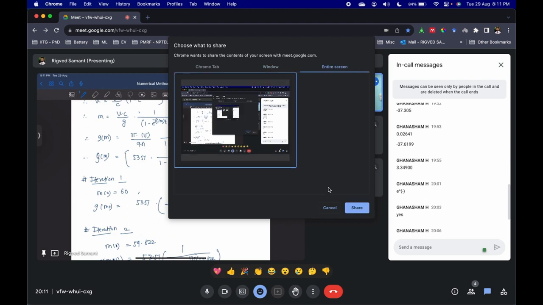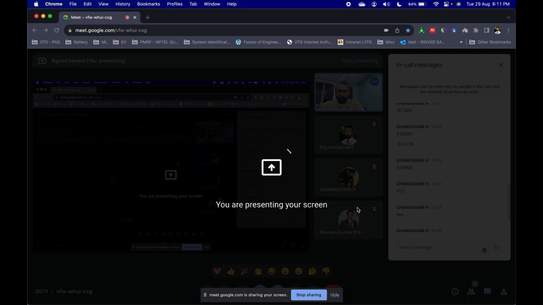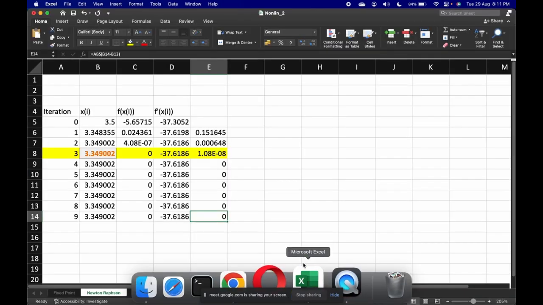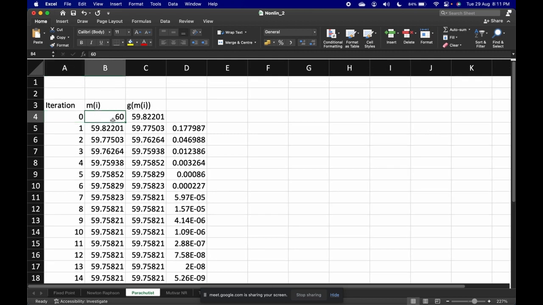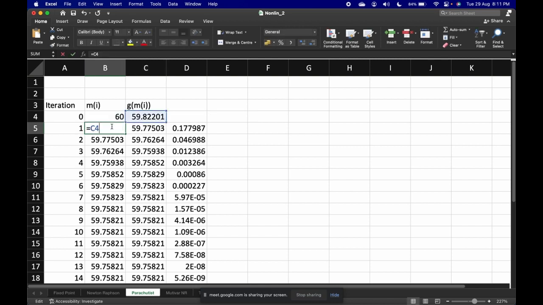So this is how it is. This is what we did, 60. Then this is your g of m of i, where I just put the function here, right? And that value we will consider as m for the next iteration.